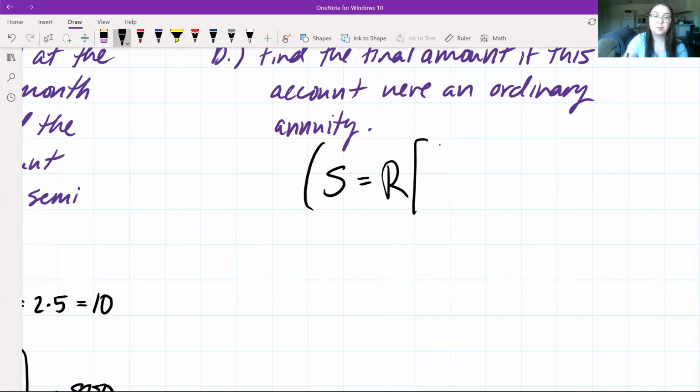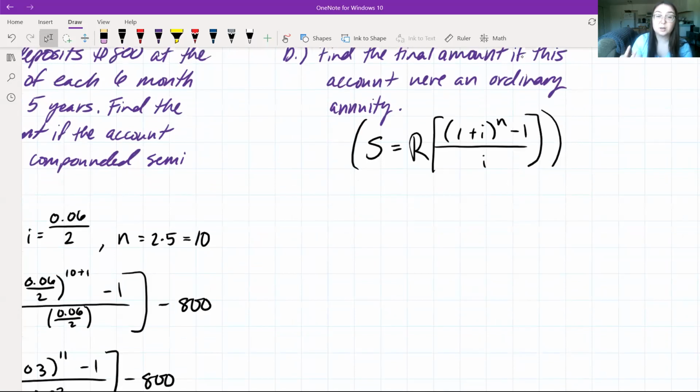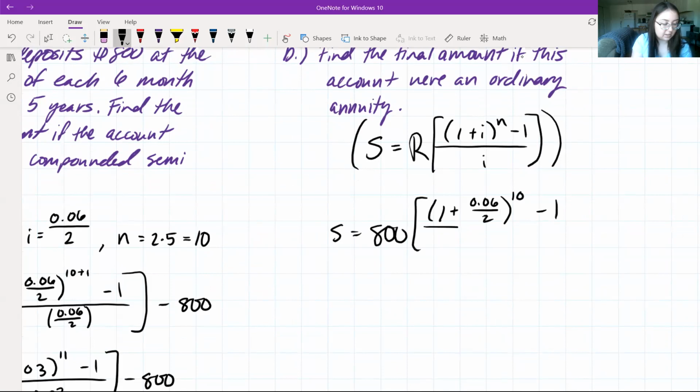So we get S is equal to 800 times (1 plus 0.06 divided by 2) to the 10th power, because now we're not working with n plus 1, just n, minus 1, divided by 0.06 divided by 2.